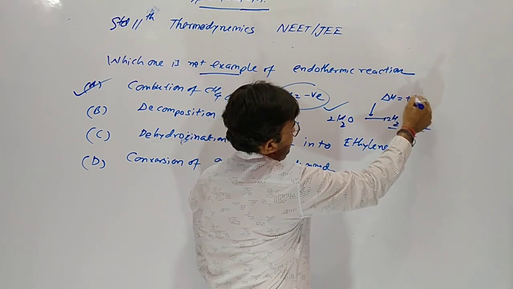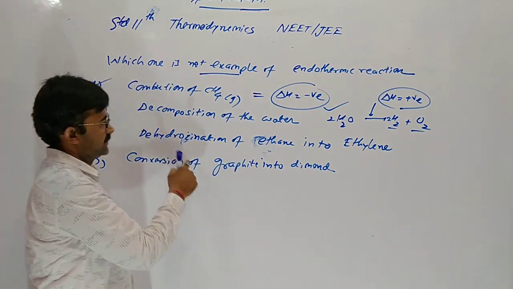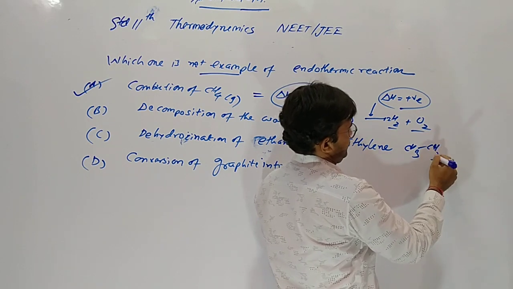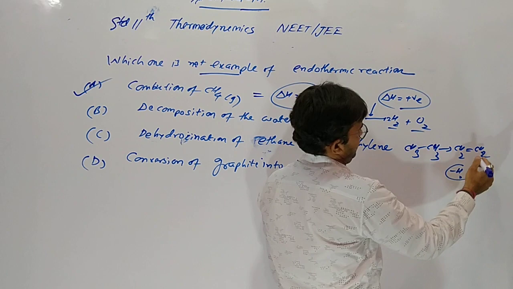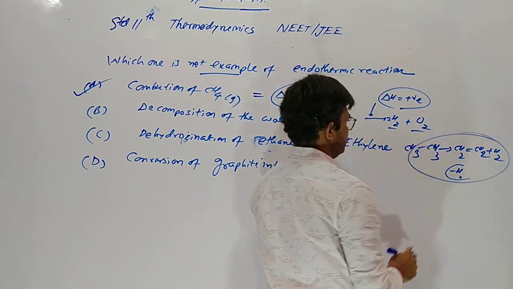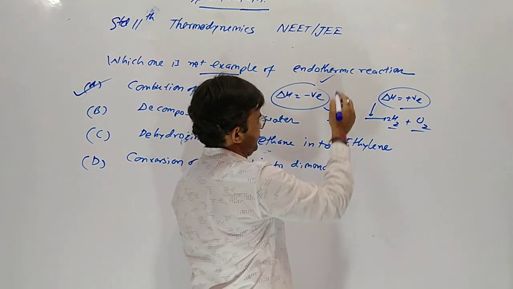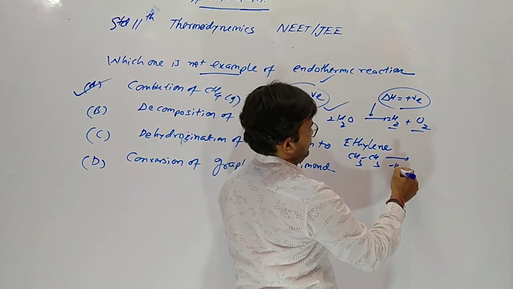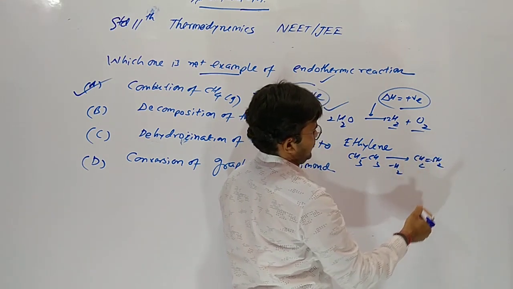So this is endothermic. Dehydrogenation. From ethane, it gives ethylene and removal of hydrogen gas, which is also endothermic. From ethane, hydrogen gas releases and gives ethene.